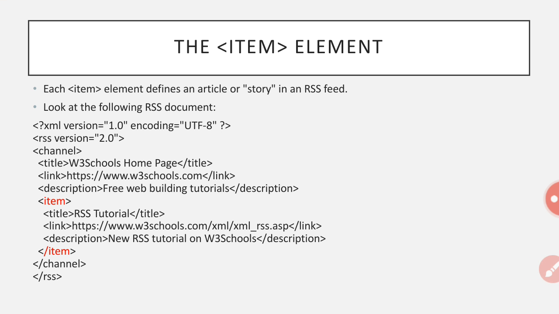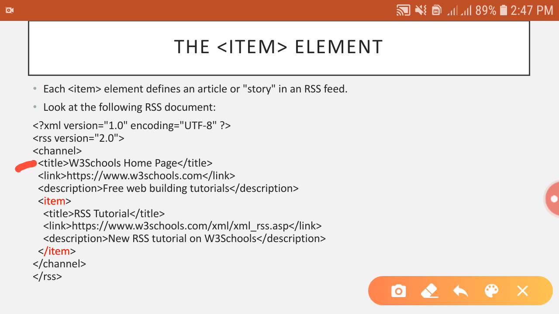The next child element of the channel element is the item element. Each item element in the channel element defines an article or story in an RSS feed, right? Now look at this document here. As I have mentioned before, each item element has three required child elements, right?